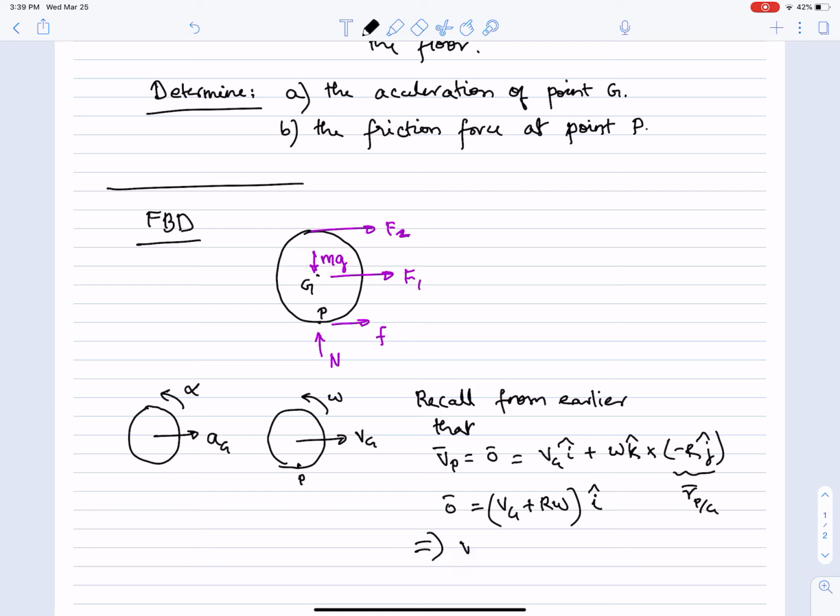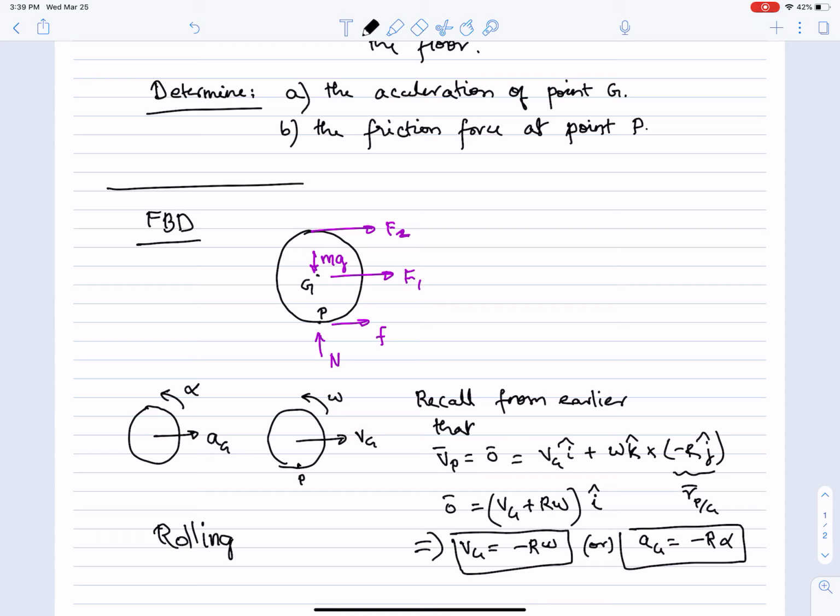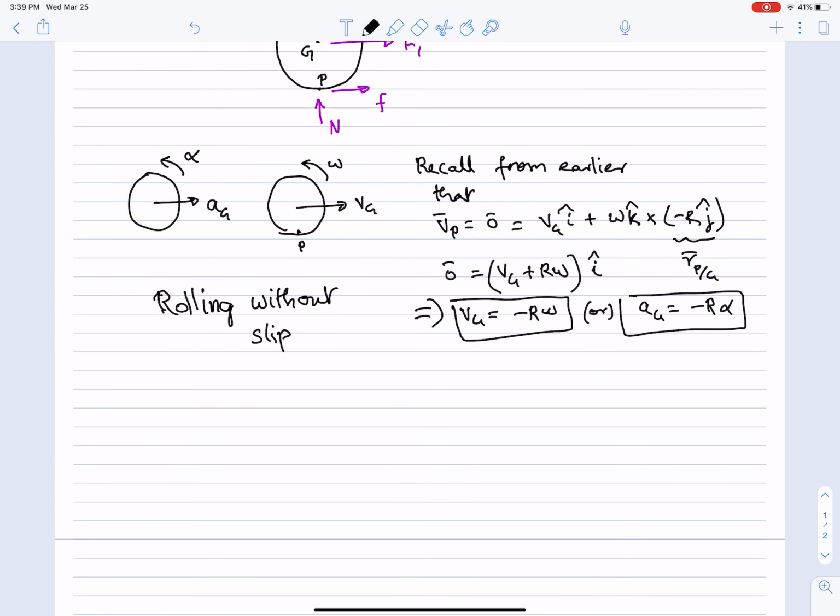This implies VG equals minus R omega, or AG equals minus R alpha. Okay, so rolling without slip implies this thing. Let's call this equation number 1.